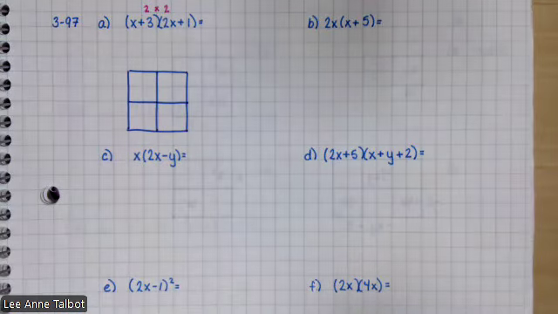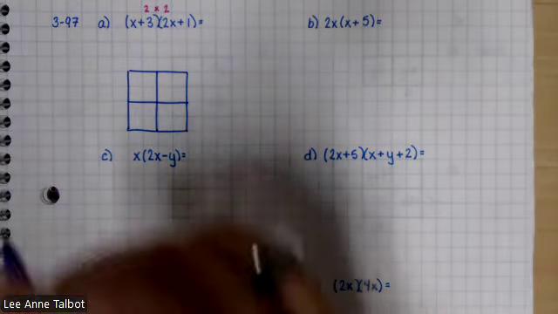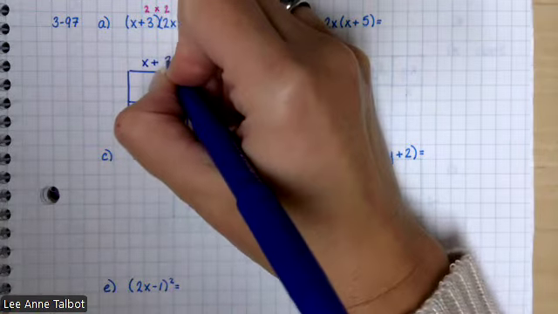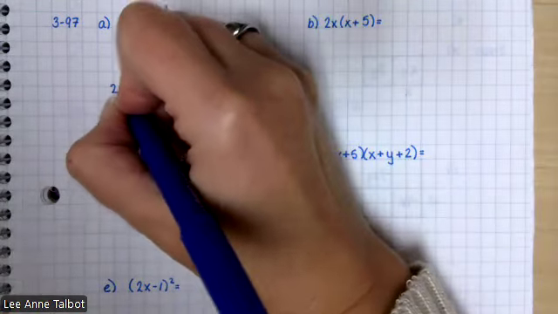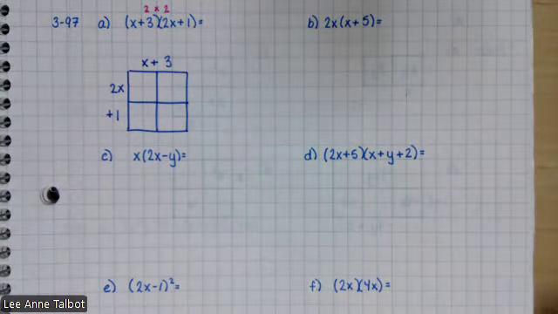Okay, so step 1, decide the size of the box and then label. I'm going to label on the top and on the left side this time, just because I left a bunch of room between.